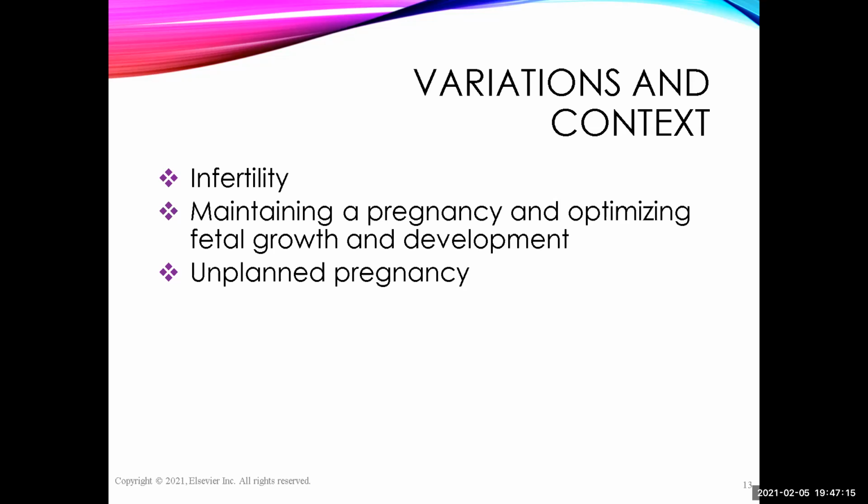Basically these are moms where you may go to look at her history and she could be a gravida 5, para 1, AB 3. What is that to you?